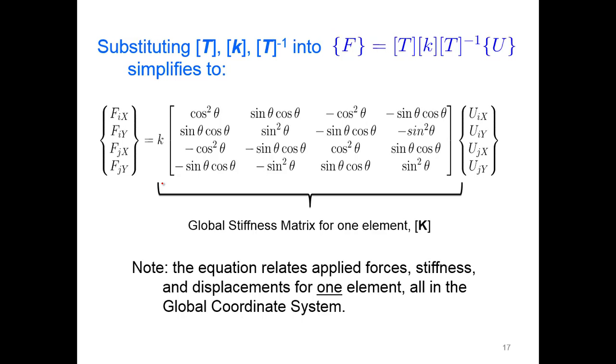It relates the applied forces, the stiffnesses, and the displacements for one element, all in the global coordinate system. The k we had before was a lowercase k, because it was in the local stiffness form. For the global stiffness form, we're changing our k to a capital K.